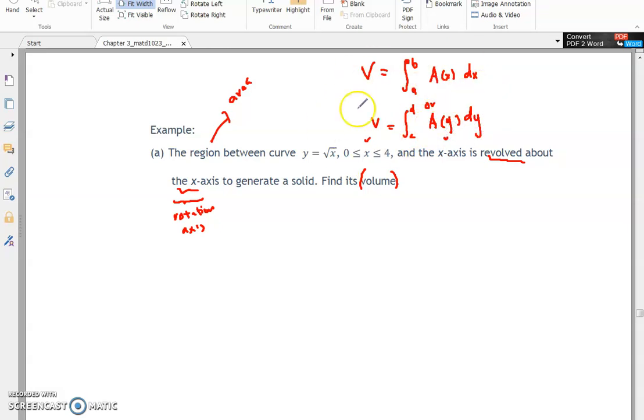So it depends on how you deal with the slicing method. I will show you when we are going to use A(x) and when we are going to use A(y).